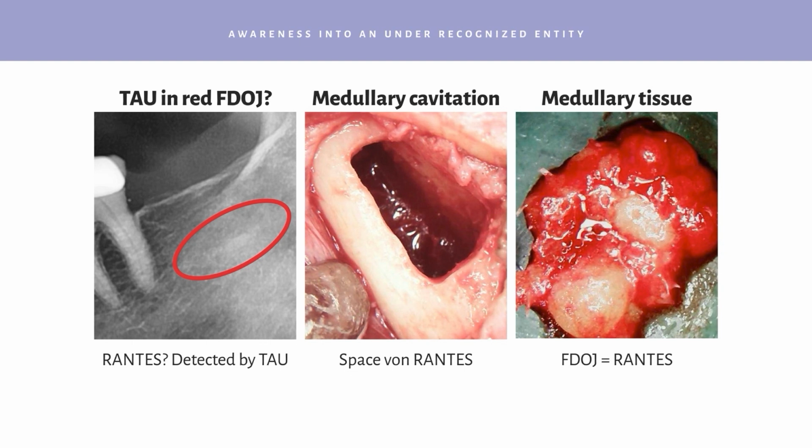And in case nobody would do the surgery on the left slide due to the X-ray, we did this surgery due to the red spots on our TAU device. And you can see how reliable it is in the clinical outcome at the end.